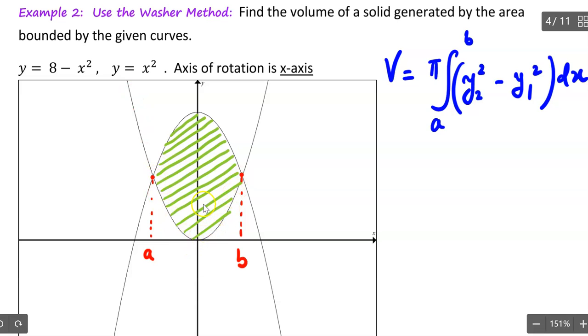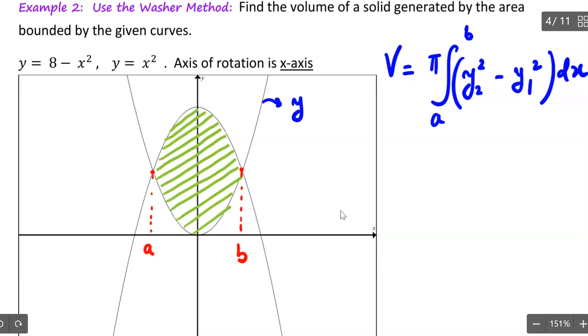In recognizing which one is which in this case, you see that the parabola that opens up is the one that has the positive a. So this is positive 1 of x squared, the parabola that opens up. This one is y equal to x squared.